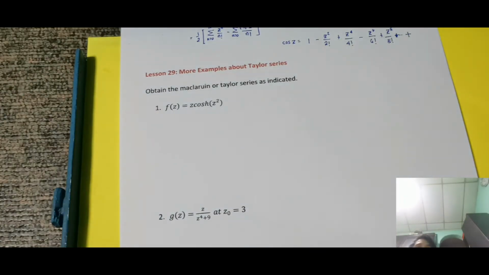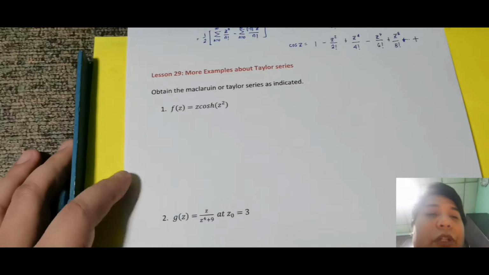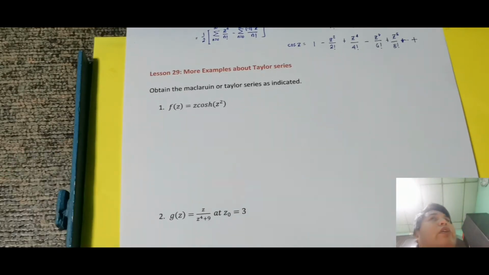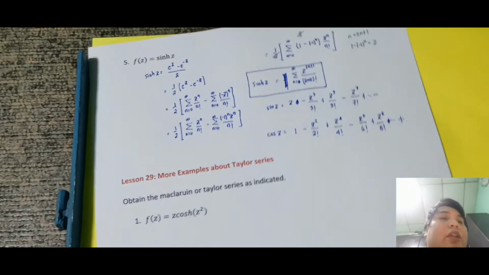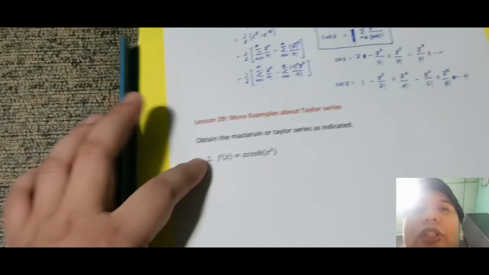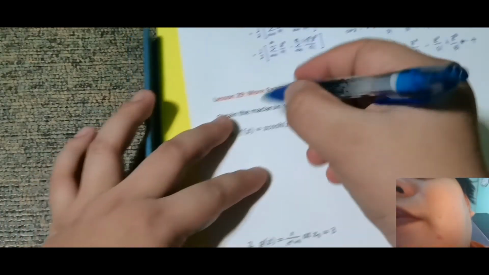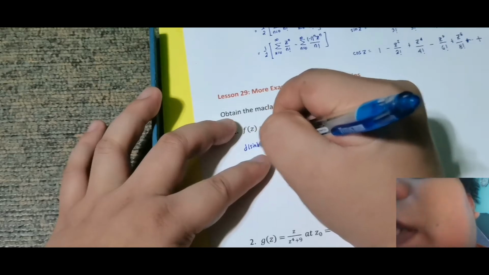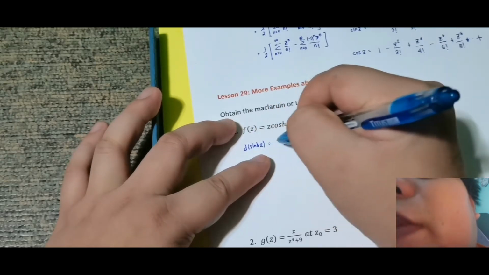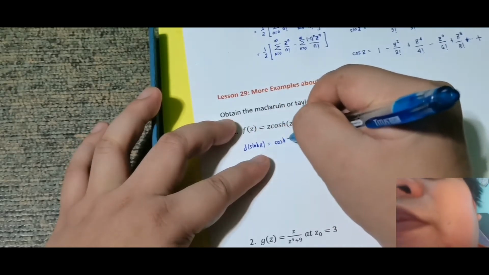So tignan nyo, f of z is equal to z cos z squared. Ideally, meron lang tayo si cos. Actually wala pa tayong cos kasi meron lang si sinh. Okay, then obviously alam natin na note that the derivative of sinh of z is just equal sa cos of z.